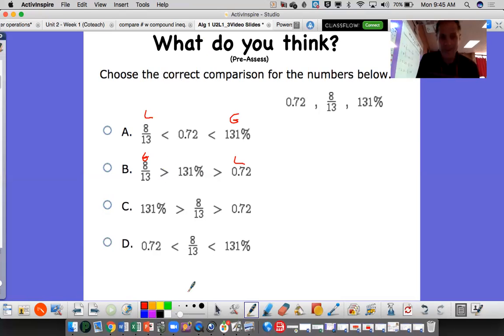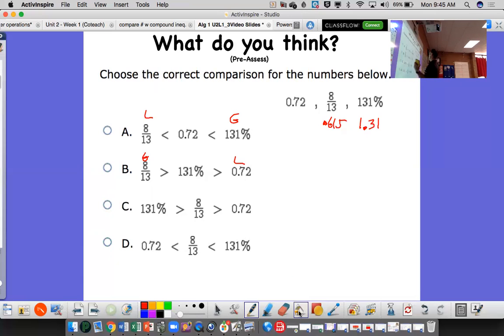We can't do any of these until we can say what their decimals are. So I need to know what 8 divided by 13 is, which is 0.615, 0.61538, and so on. And this is going to be a 1.31.